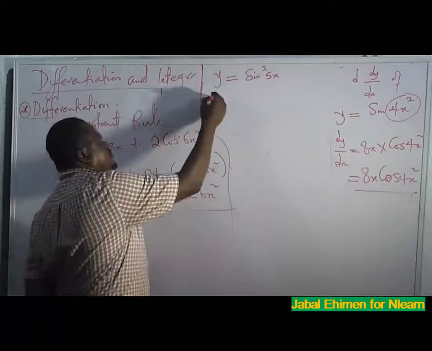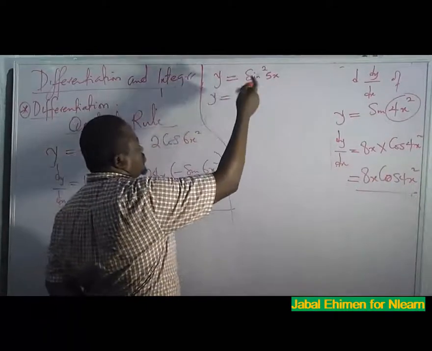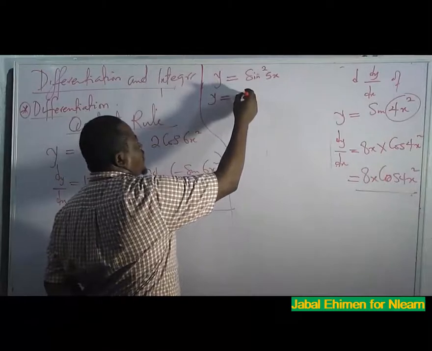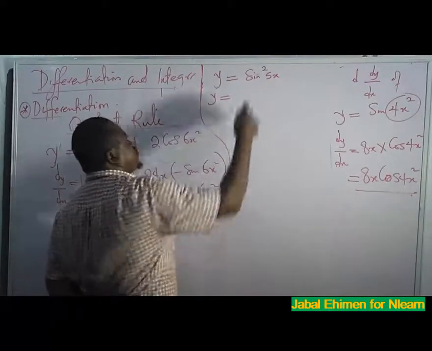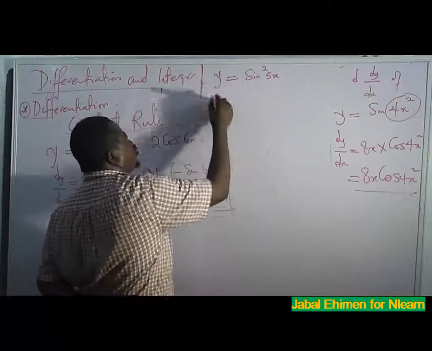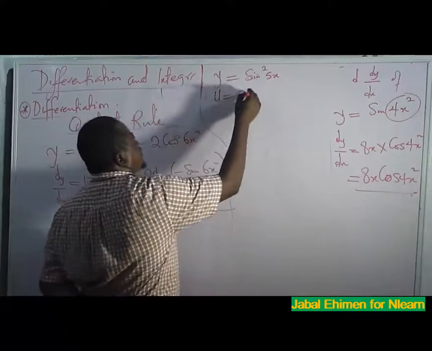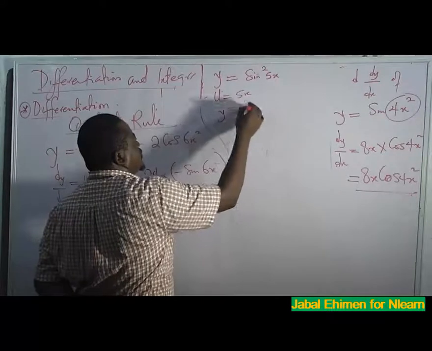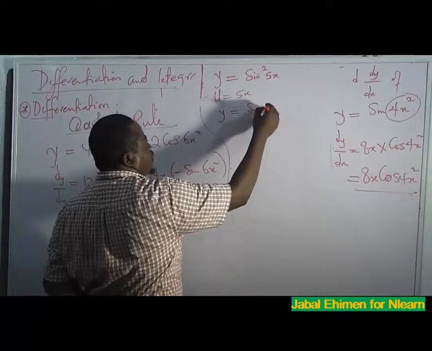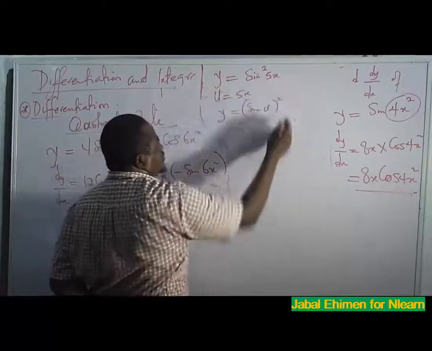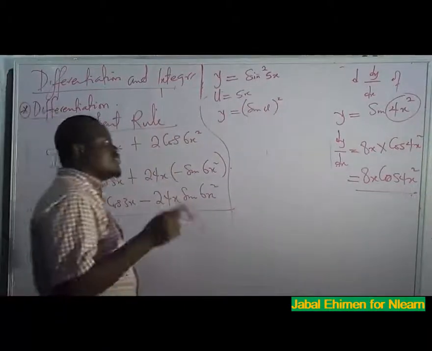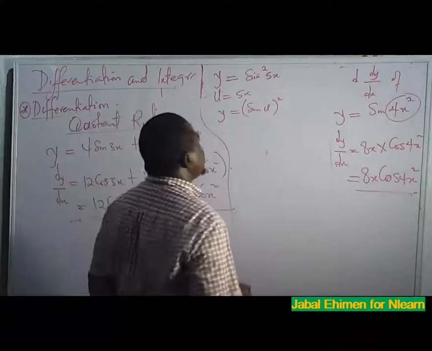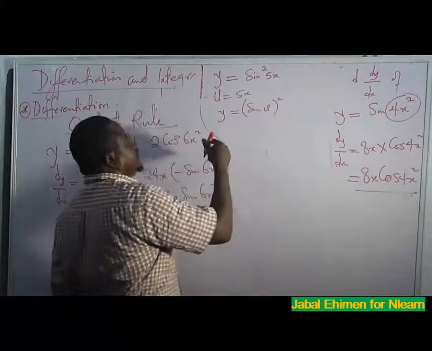So what you do is, let u be equal to 5x. So y now is sine u all squared. That's what it means. It's the same thing. Sine square u is the same thing as sine u all squared. So if you have something of this nature, it's easy.